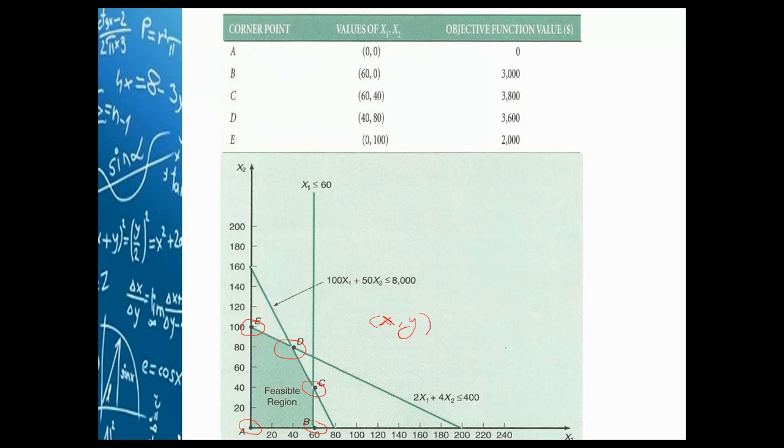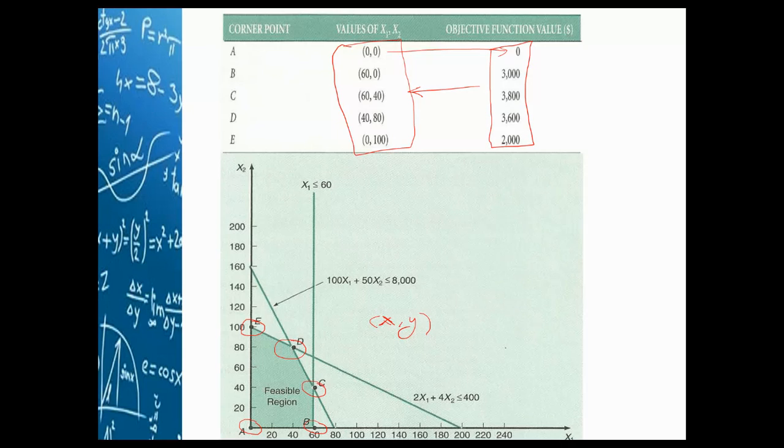So this is the value of your objective function corresponding to the coordinates of your corner points. So A results in an objective function of 0, B 3000, and so on.